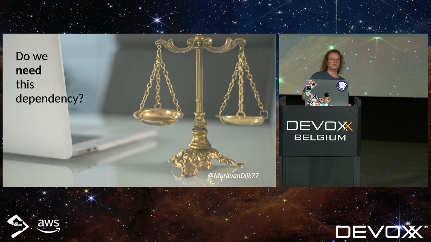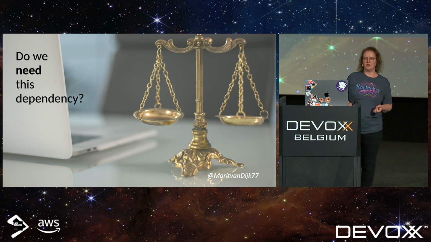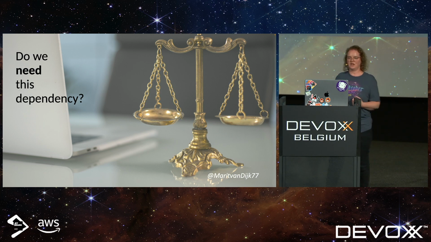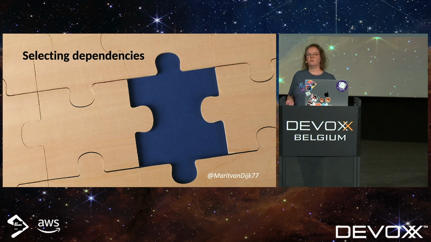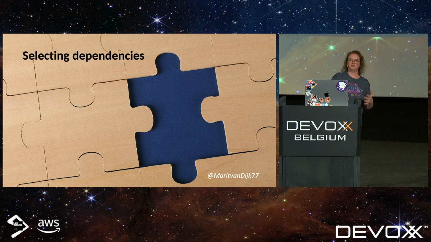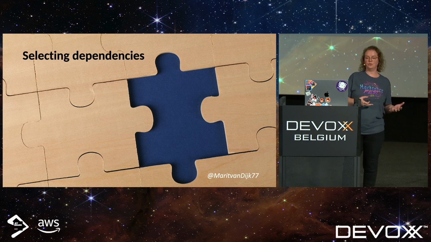So when selecting dependencies, think about whether you really need them. And let's take a look at some of the things that we want to consider. The first thing would be, does it fit? Does it fit our problem? Does this dependency solve the problem that we want to solve or do the thing we want to do?